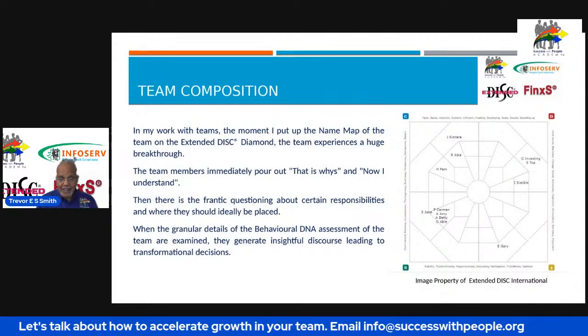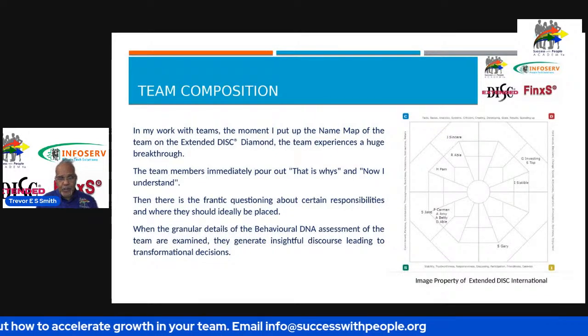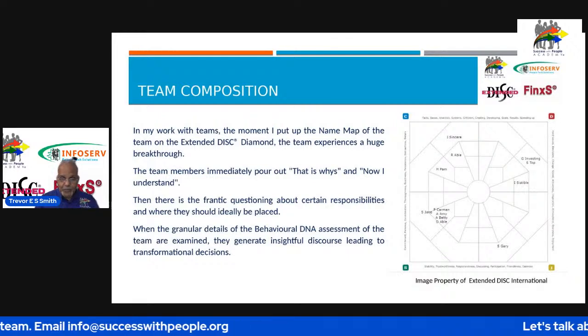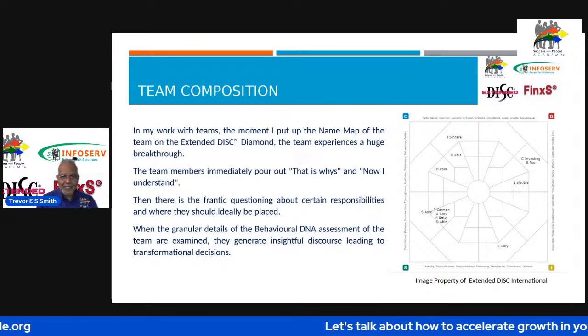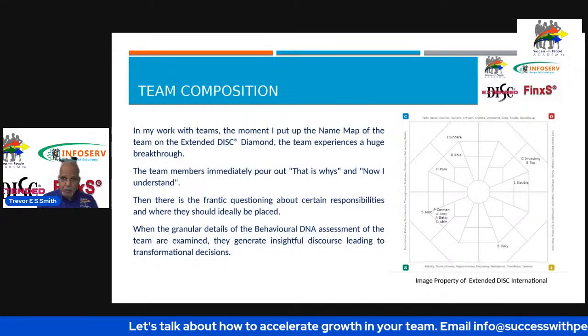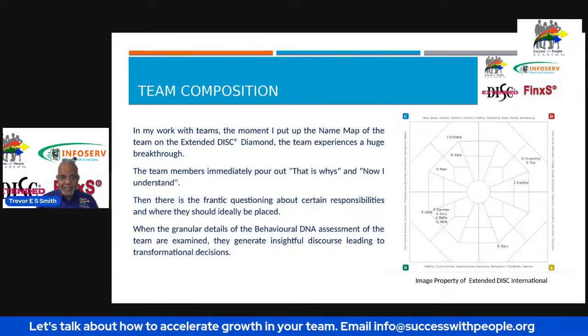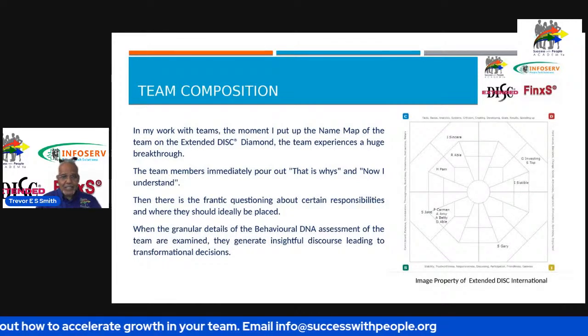Whereas Gary wants more freedom, more variety, more opportunities to create, as against following policies and procedure to the letter. Those kinds of things are important. So once we put up the map, people understand immediately that that's why some of the communication challenges.